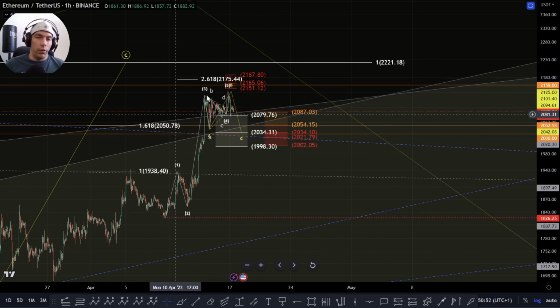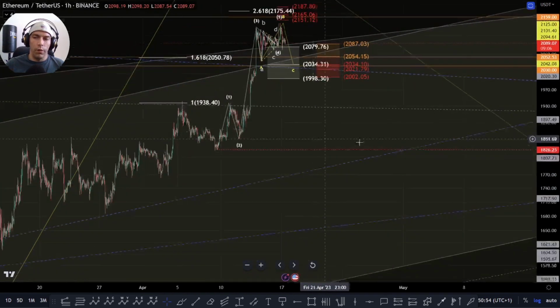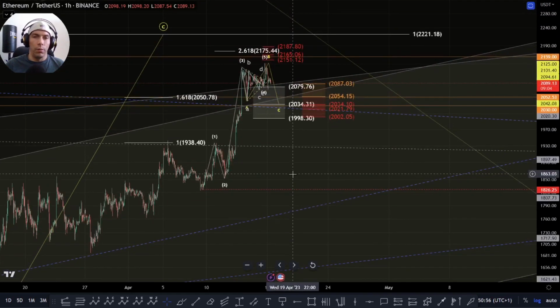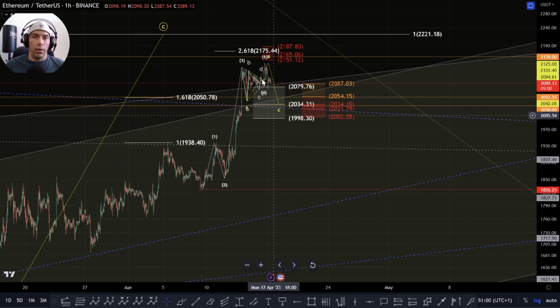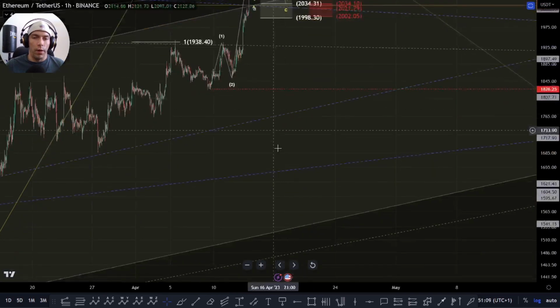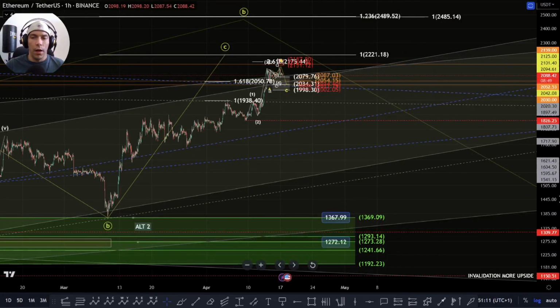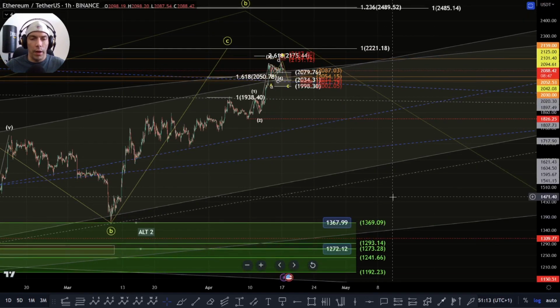Either we're forming an additional structure here, but if we start to break down, taking these lows, we need to be very careful within this count, because by the time we get down there, depending on how the structure forms, we could have some 5-wave moves, which we still have the possibility of pushing down lower and taking out these lows from further back here.